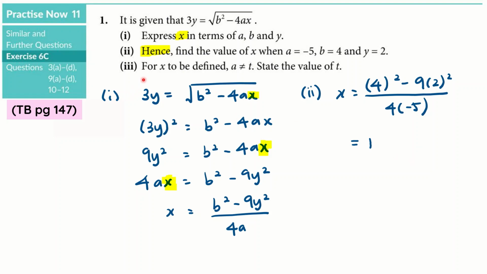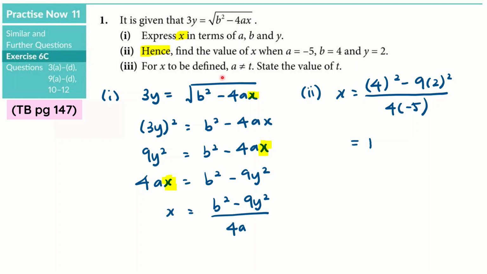Now in part 3, it looks a little bit complicated, but let me break it down for you. It says that for x to be defined, meaning for the value of x over here to be a valid value, a cannot be equal to t. We want to find the value of t. So what this means is that if a were to be a certain number, my x will not be a valid number itself.